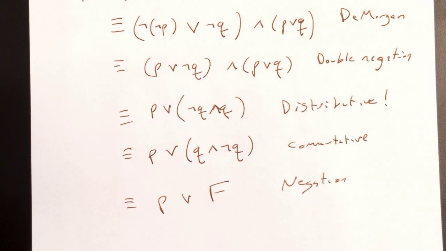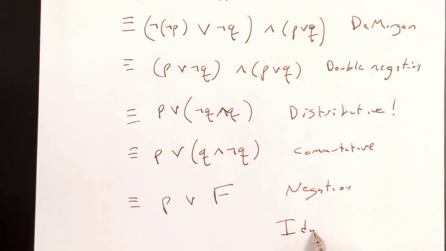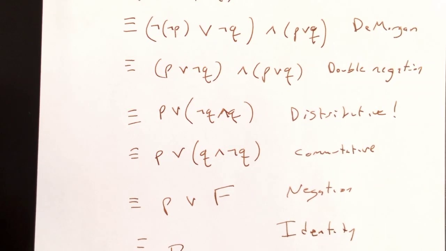The identity law, and that says when you are ORing with an F, you don't care about this part, you only care about this. All of that giant mess of logical expressions can be simplified to one propositional variable.